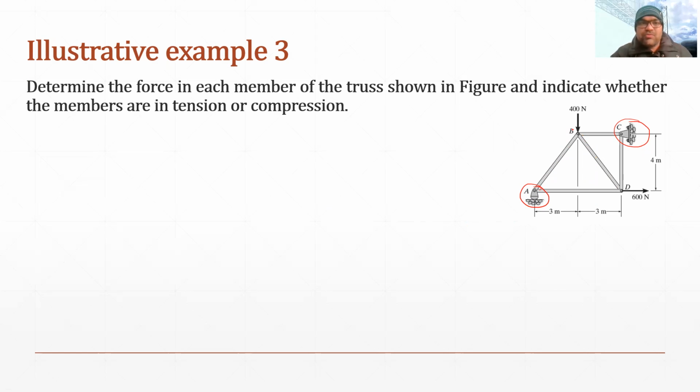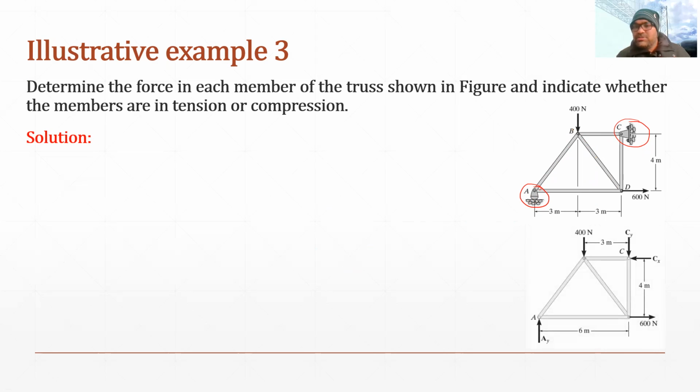So now we will solve it. Before the solution, we will make the free body diagram. Now in the free body diagram, we will show the probable direction of the reaction force. In this diagram, you can see there are some probable directions of the reaction force.